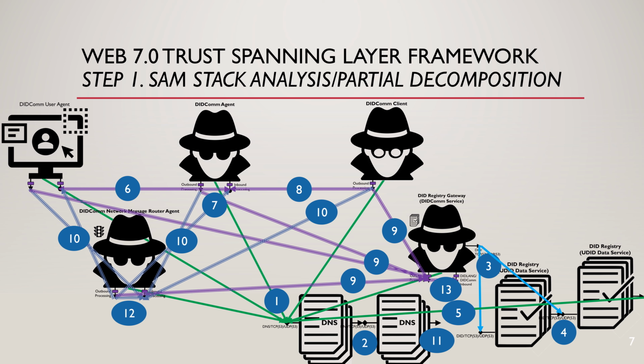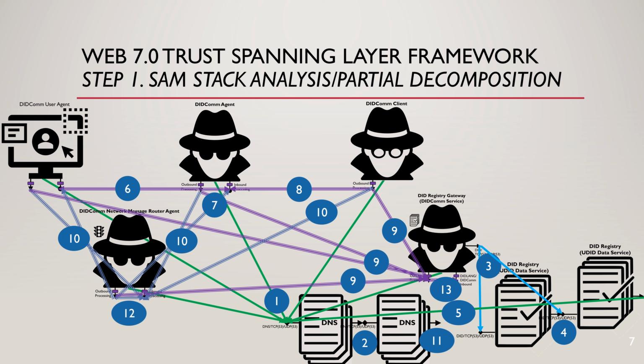So the first thing we did is use the DIDComm notation, use those elements that we're familiar with from the DIDComm architecture reference model. And I've just redrawn, actually on a piece of paper originally, that previous DIDComm-ARM layer 6 model.